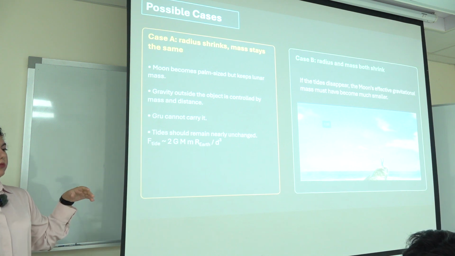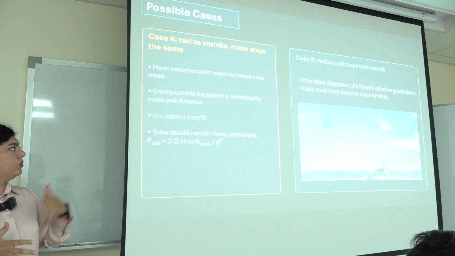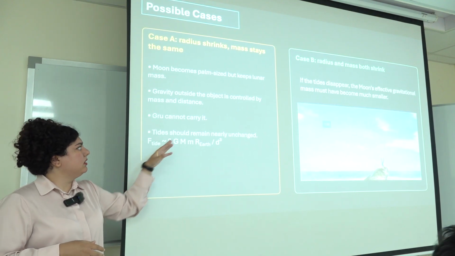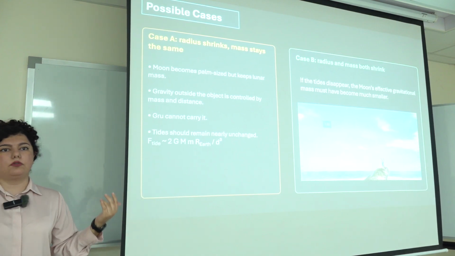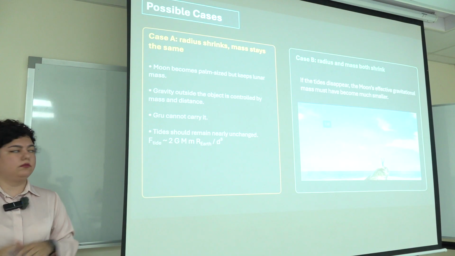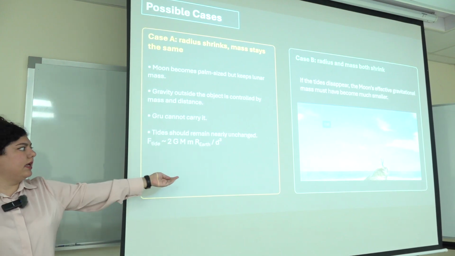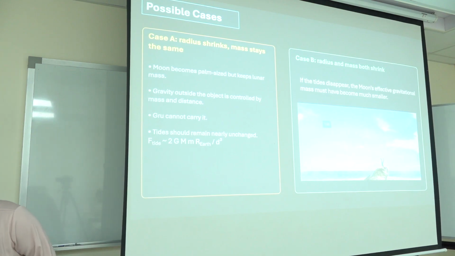Distance is the same as the current distance of the moon and Earth, and the mass is the same again in case A, so the tidal force should not be very different.